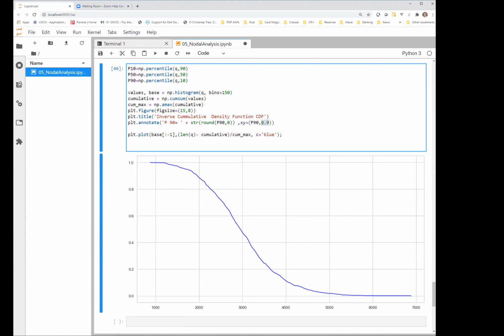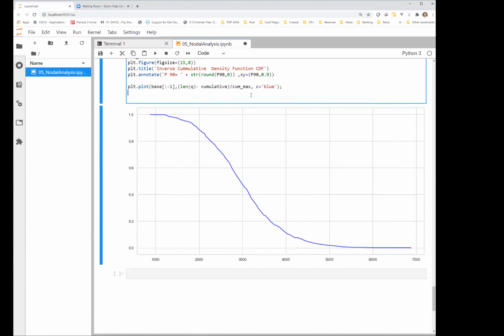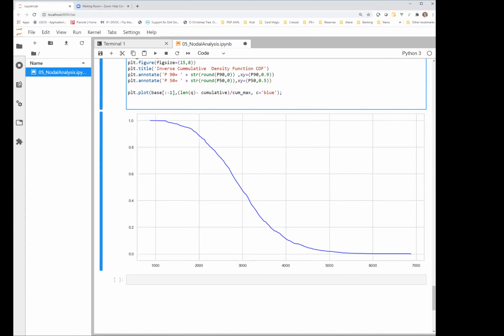And the beauty of being normalized is that I know it has to be at 0.9. So we do the same for P50, and we do the same for the P10.